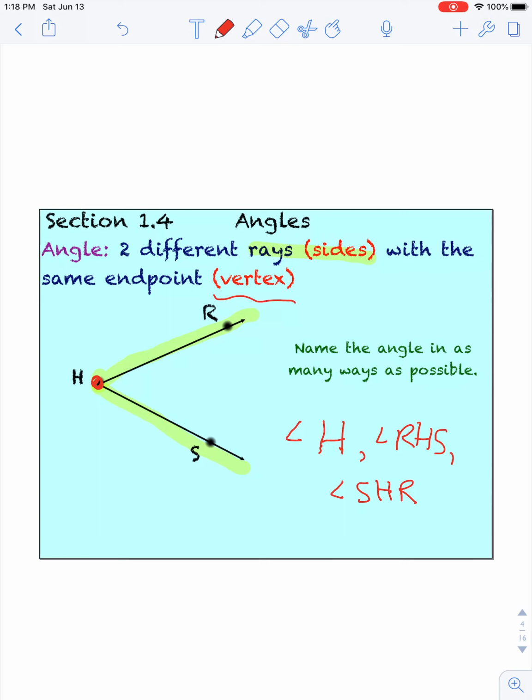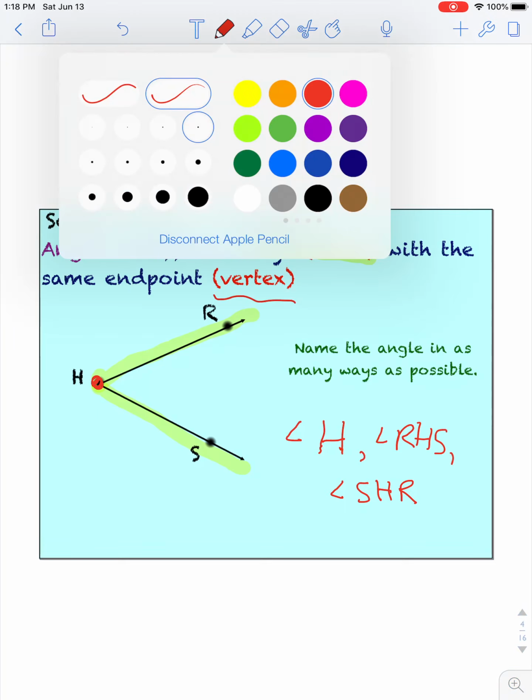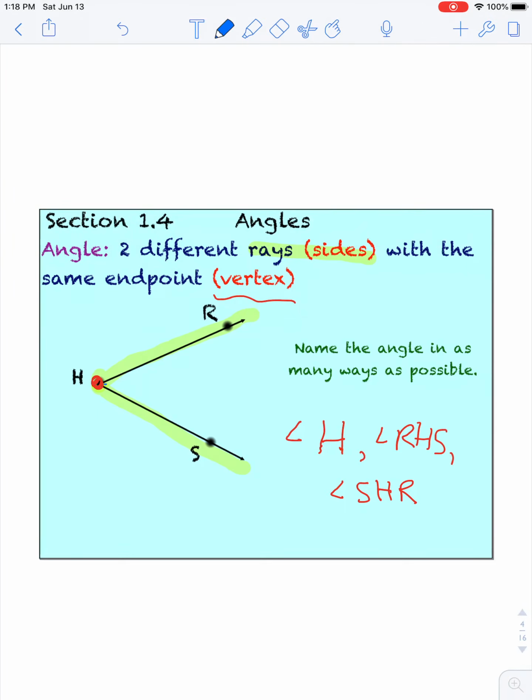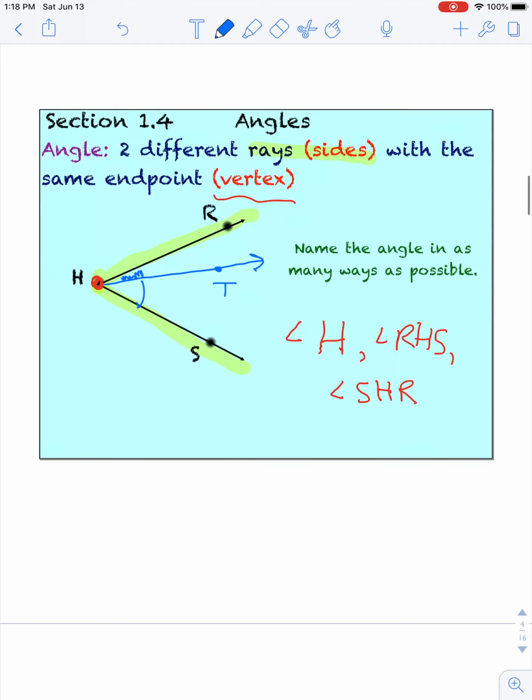Lots of times we have to use three letters. If we had another ray drawn into this picture right here, now if we have another letter on this, we would not be able to name that angle H, because we wouldn't know if we were talking about this angle, or the original one we named. So keep that in mind as you go forth naming angles.